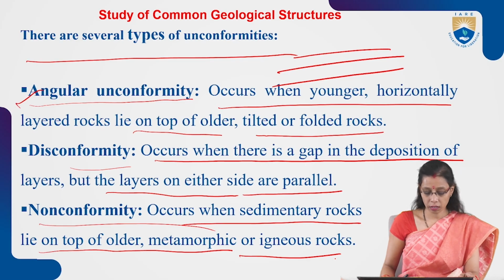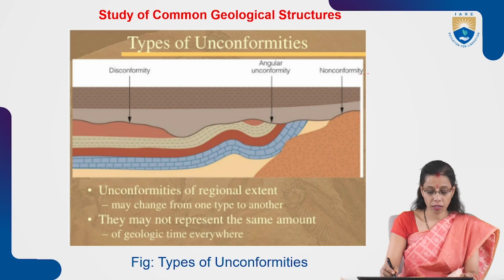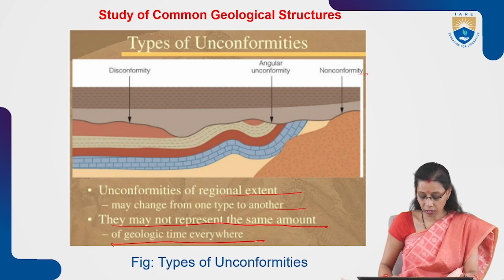So the types of unconformities are disconformity, angular unconformity, and non-conformity. An unconformity has a regional extent, may change from one type to another, and may not represent the same amount of geological time everywhere.